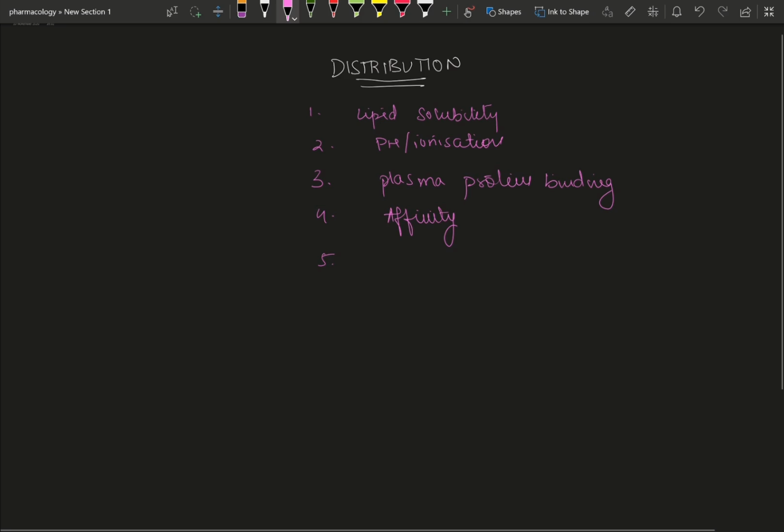Post that, we have affinity. The affinity of the drug to the plasma protein needs to be there, and then blood flow. Obviously, whichever organ has the highest amount of blood flow, the drug would be more in concentration in that particular organ.